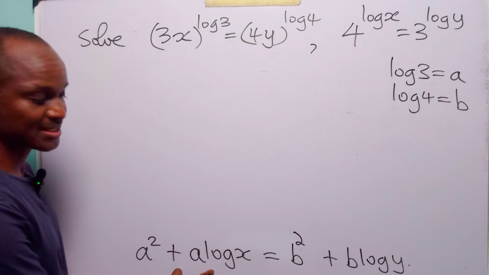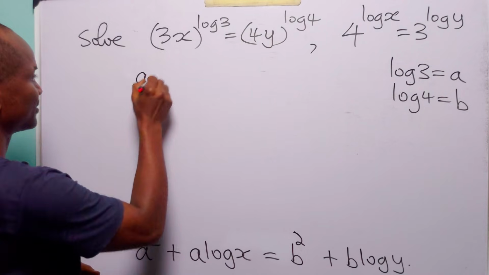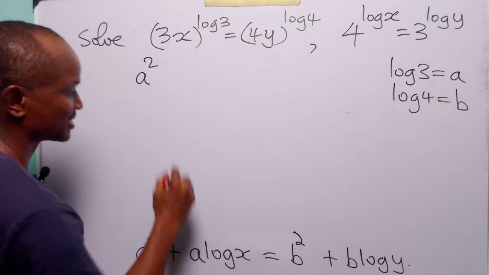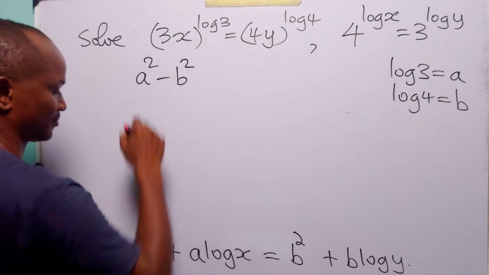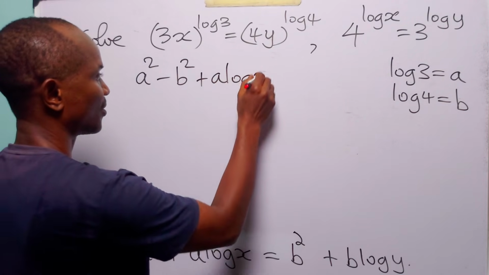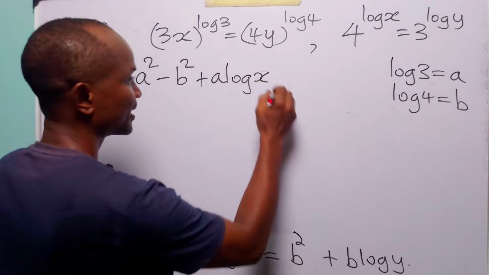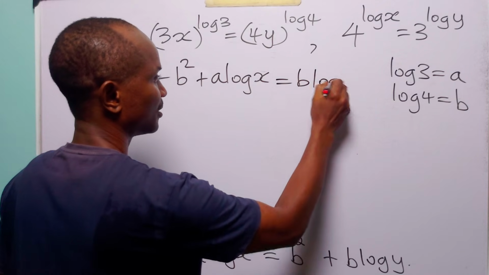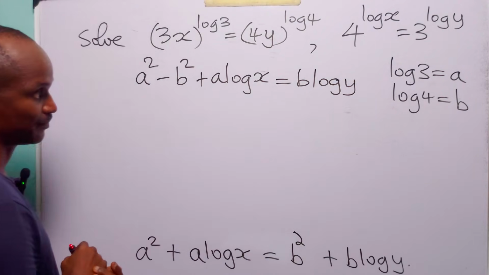Now let us write this equation as A squared minus B squared plus A log x is equal to B log y.